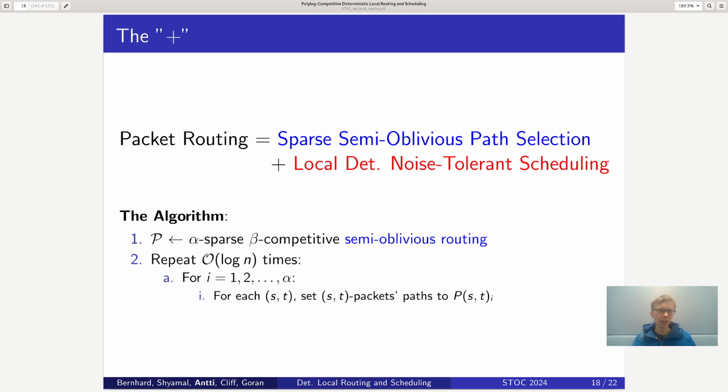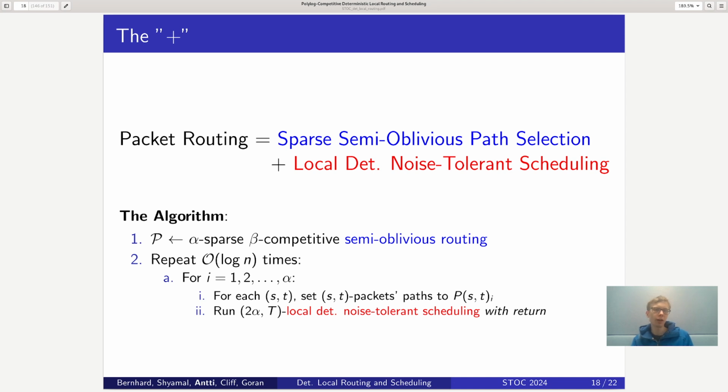So yeah, we cannot modify packets. However, the path for a packet in this algorithm only depends on its source, destination, and the current time. So we can just map those three parameters to this path in the semi-oblivious routing. This line here isn't an issue.